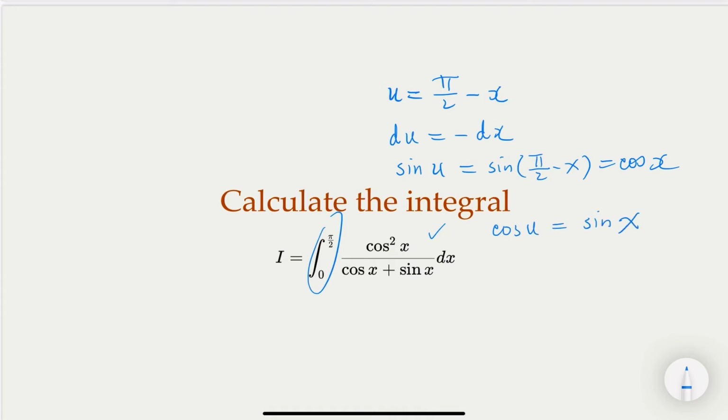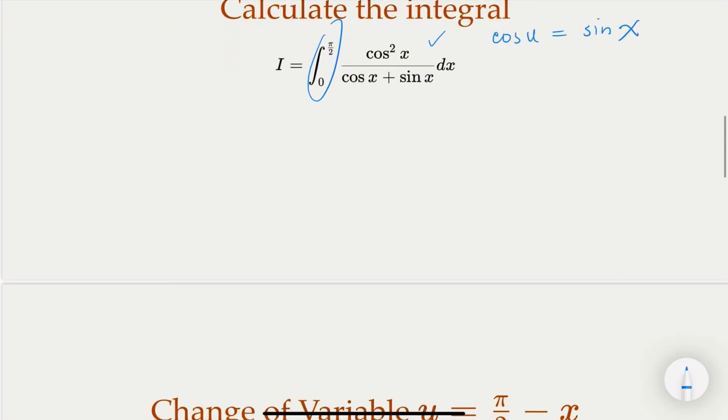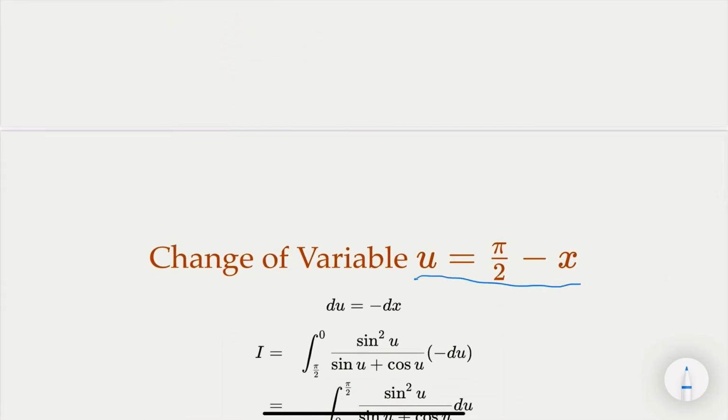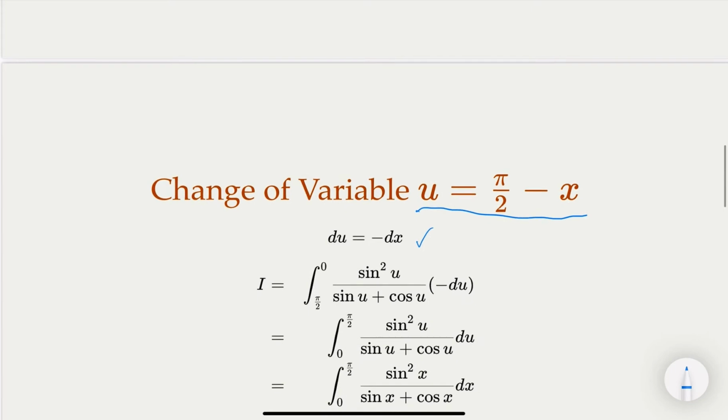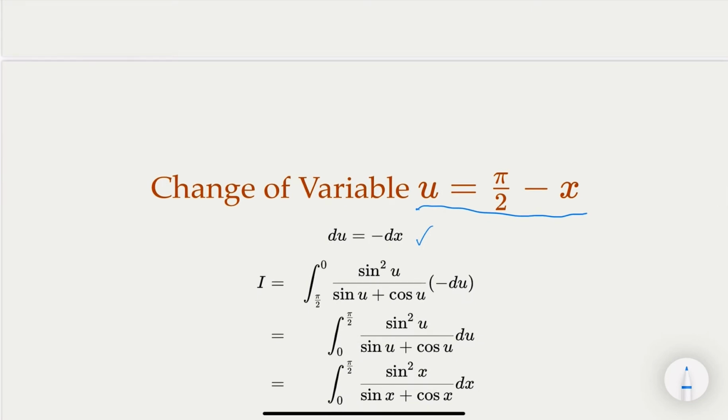All right, so if you do this change of variable, we can rewrite I in terms of u. Let's do that. We have the change of variables, we have this fact, and we have the other facts here. So you're going to replace cosine with sine u here, right? And the range is going to be from pi over 2 to 0, and dx will be negative du.